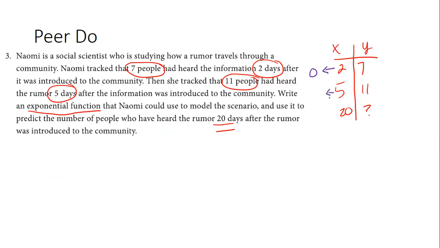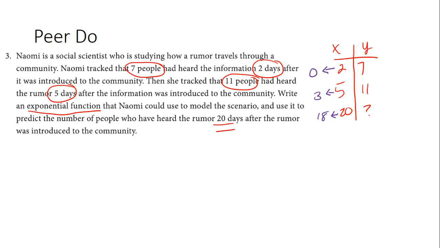It becomes 3 because it's 3 days past it, right? And then 20 is going to be 18, because 20 minus 2 is 18. So these are the values we're using. Does that make sense? When you're not starting at 0, you force it to start at 0, but you have to account for how far it is from there.